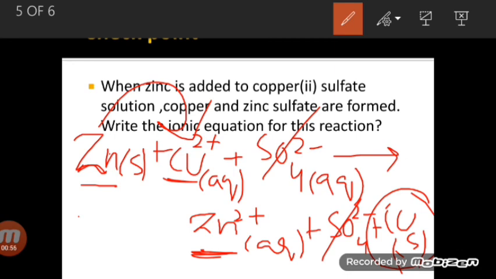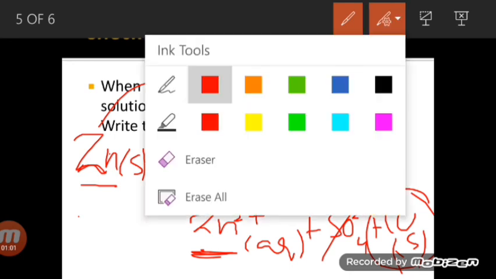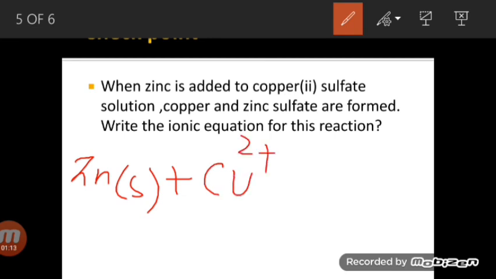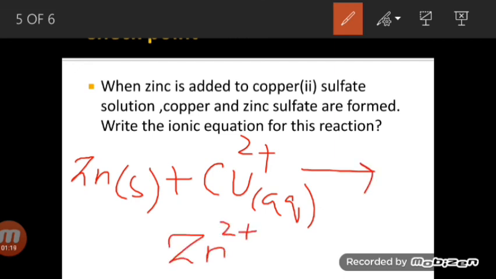Now let's rewrite the equation without the spectator ions in its simplified form. So after eliminating spectator ions, we will have this equation: zinc plus copper cation, aqueous state, and then we will have zinc +2 in the aqueous state plus copper in the neutral state, which will be a solid.